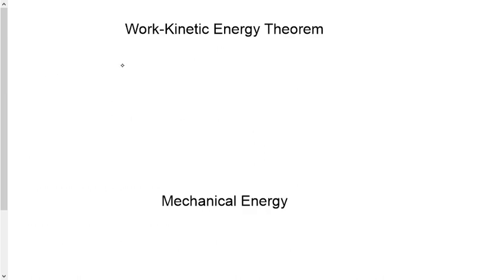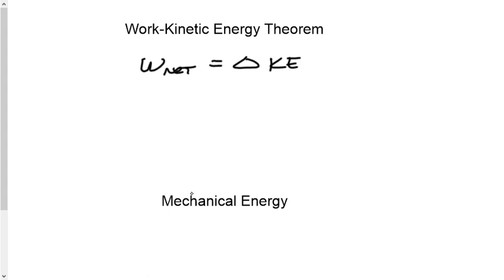So what really is our work kinetic energy theorem? Work net goes into the change in kinetic energy. So whatever work is left over, once you take away friction forces and consider any kind of change in potential energy, that's going to go into our change in kinetic energy.